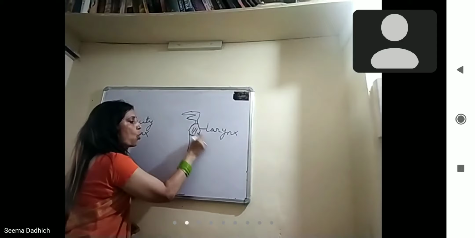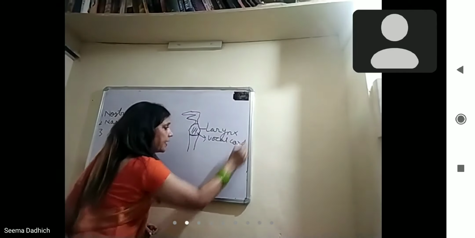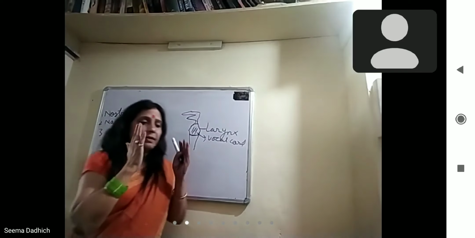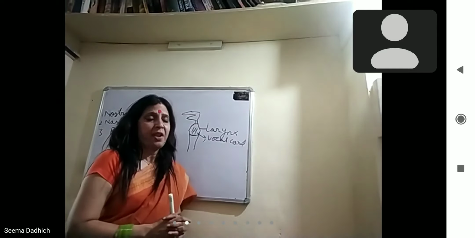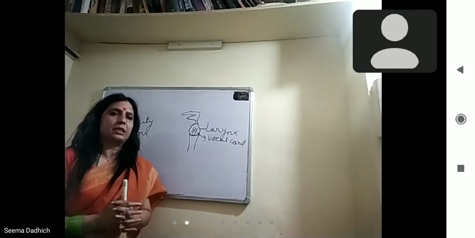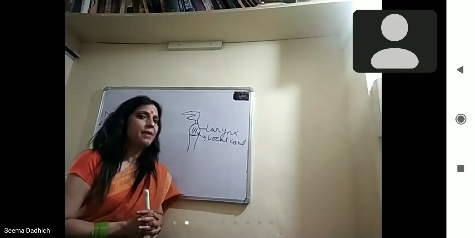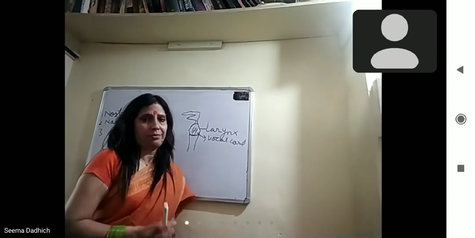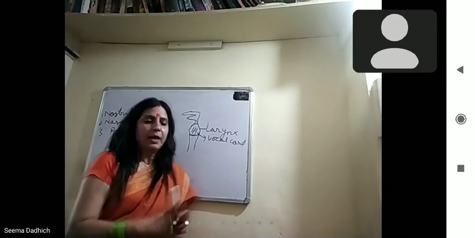The vocal cord, a cartilaginous vocal cord. When air comes into the larynx, the vocal cords vibrate, so voice is produced. How can we speak? With the help of the larynx.